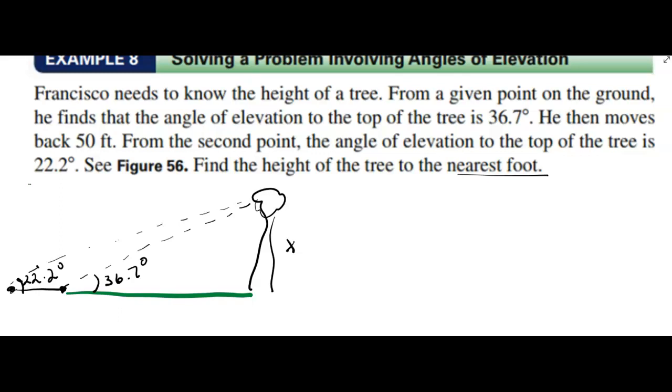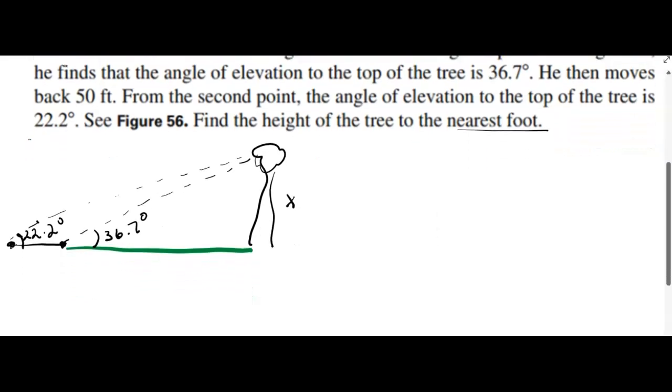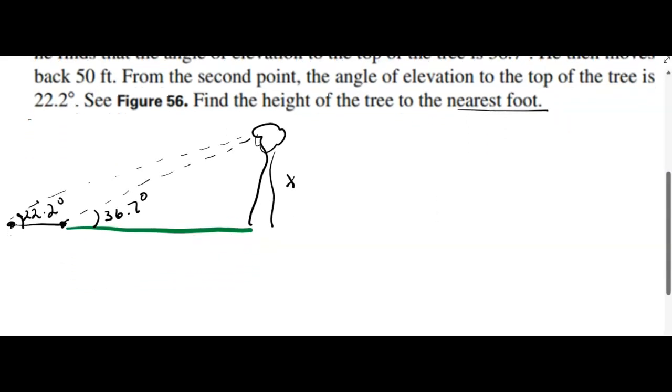Okay, so there's probably more than one way to do this problem, but I'm going to go this route. Because this is a right angle, let's get that right angle in there. So this is a right triangle, and I have two right triangles. I have one here that I'll show in green, like that. I know the degree measurement here, so I also know the degree measurement here.